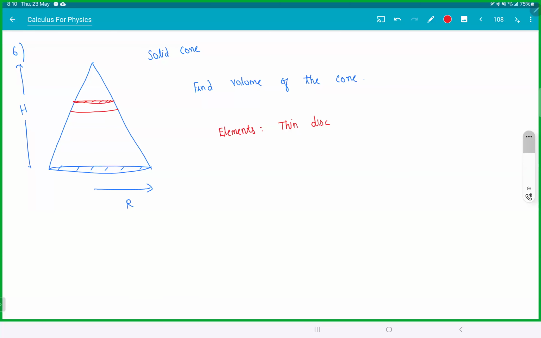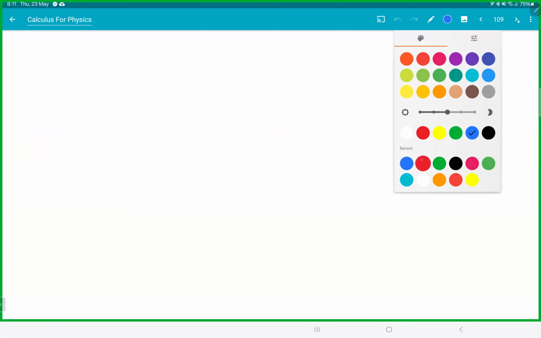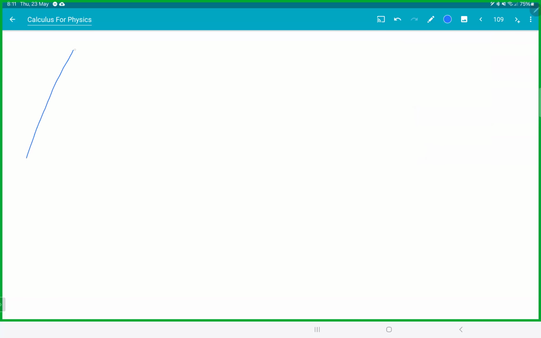Let's see. So we have this thing. At a depth y, take a thin disk of radius x.